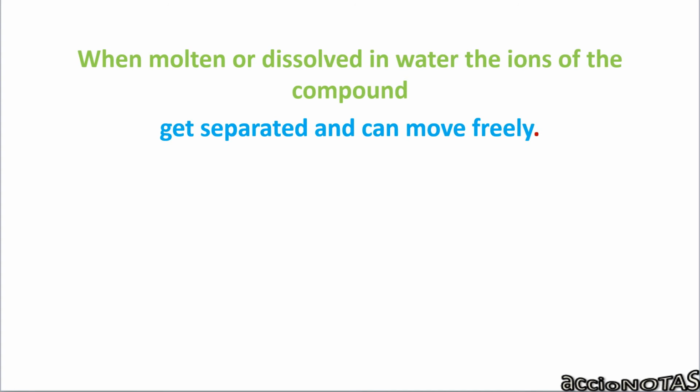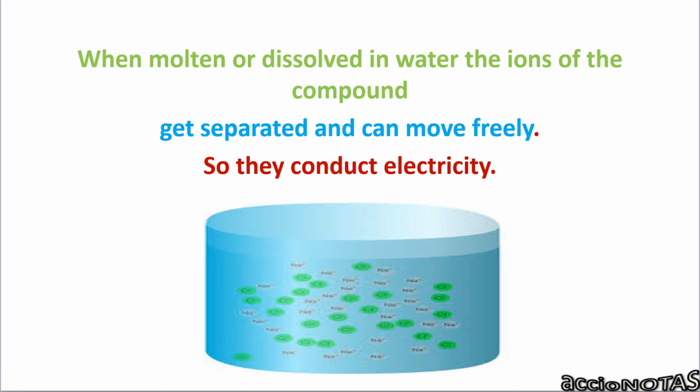Try to remember the previous question, why they become separated and why they form ions and how they can move freely. So when a voltage is applied, these ions can carry the charge from one end to another and conduct electricity.